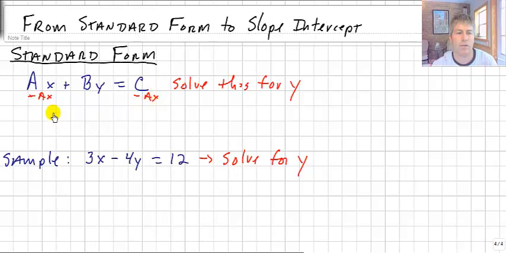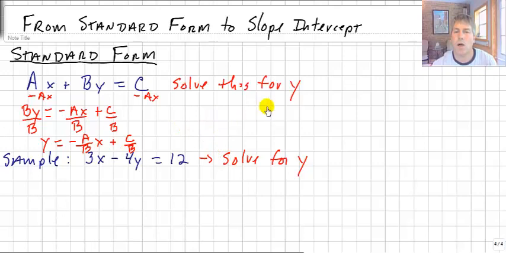Once I do that, now I have by equals negative ax plus c. Well, I haven't solved for y yet. I've got by here. So I have to divide every single term by b. And I get y equals the opposite of a over b x plus c over b.